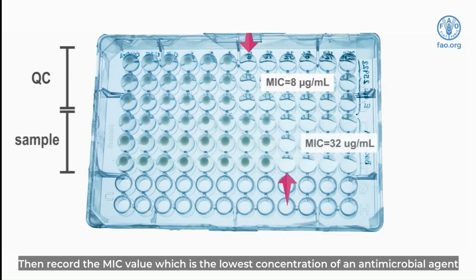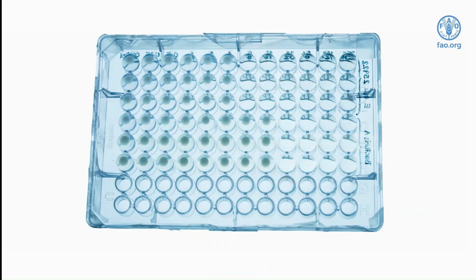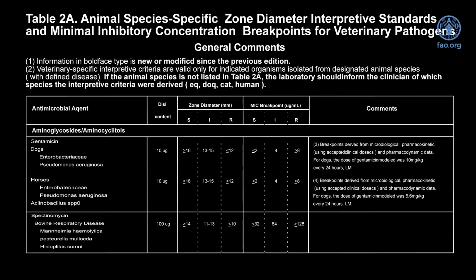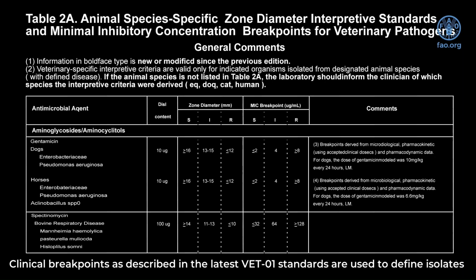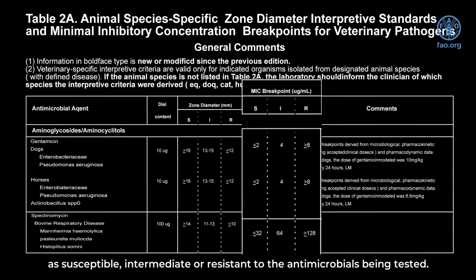Then record the MIC value, which is the lowest concentration of an antimicrobial agent that inhibits visible growth of the organism in the microdilution wells. Clinical breakpoints, as described in the latest VET01 standard, are used to define isolates as susceptible, intermediate, or resistant to the antimicrobials being tested.